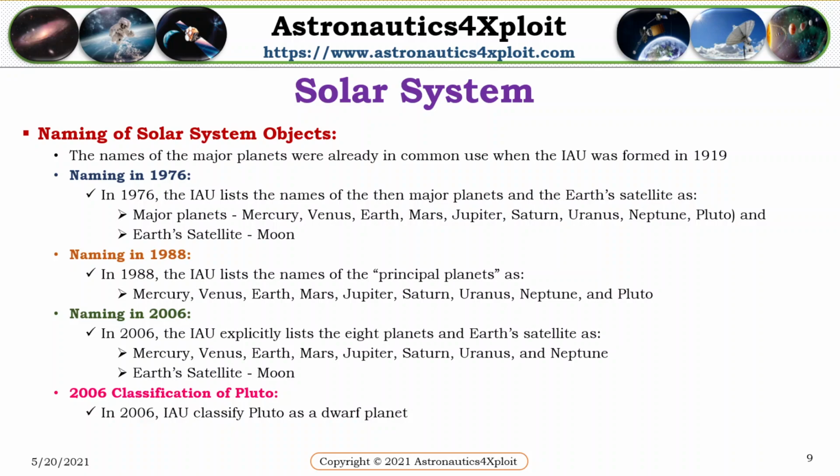And in 2006, IAU explicitly listed the 8 planets as Mercury, Venus, Earth, Mars, Jupiter, Saturn, Uranus, and Neptune, and the Earth satellite as Moon. In 2006, IAU classified Pluto as a dwarf planet because it couldn't meet the third criteria for it to be a planet. It does not clear its neighborhood.